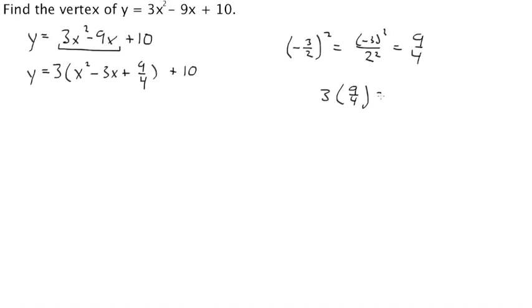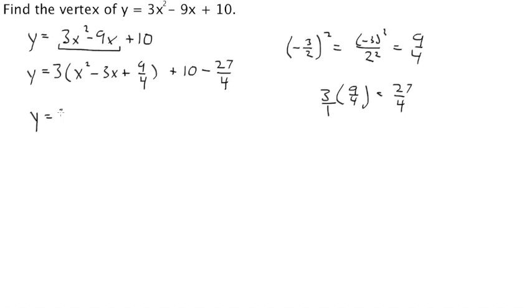So we know 3 times 9/4, you can treat 3 as 3 over 1 and multiply straight across. So we have 27 over 4. So this looks like 9/4, but it's really just 27 over 4 in disguise. So to keep everything balanced, I've added it here. I need to subtract it over here. There. Everything is balanced.